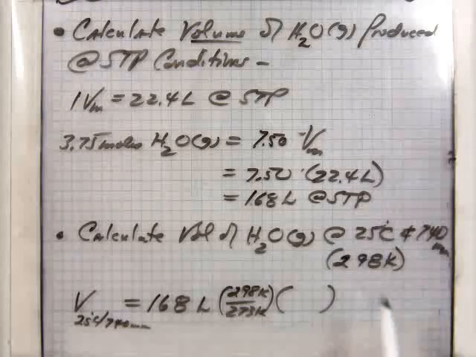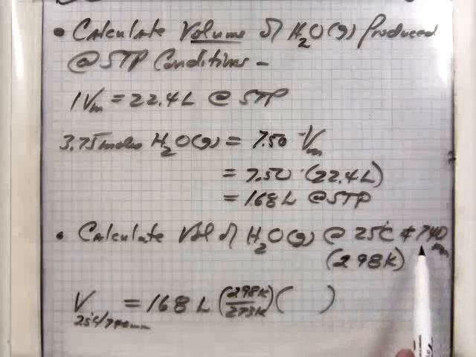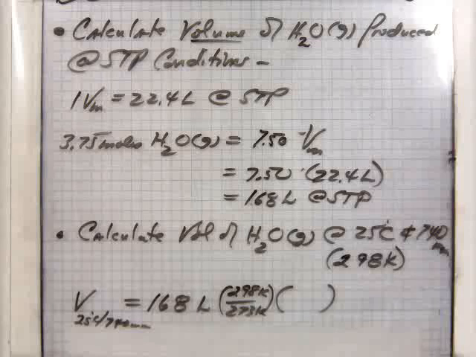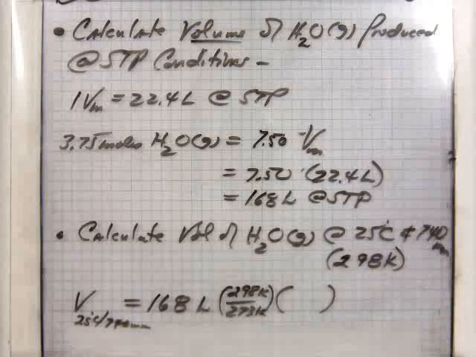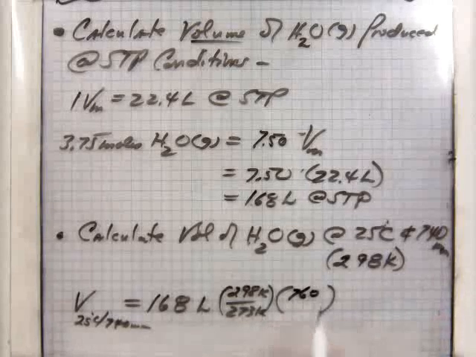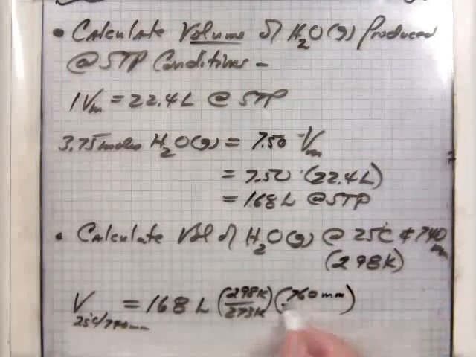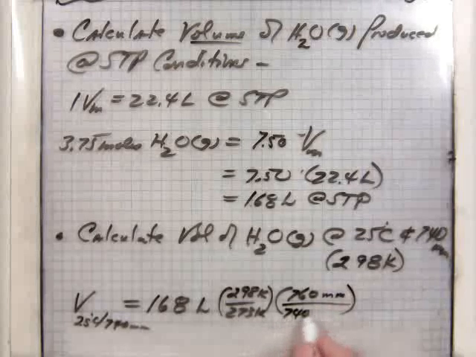Now, in the pressure effect, 740 is below the standard. So you're decreasing the pressure. Well, Boyle's law said if you decrease pressure, volume has to increase. So the standard number here, this 168, has got to increase by a ratio of standard to new conditions. To increase, I have to have 760, which is the 1 atmosphere, over 740 millimeters.